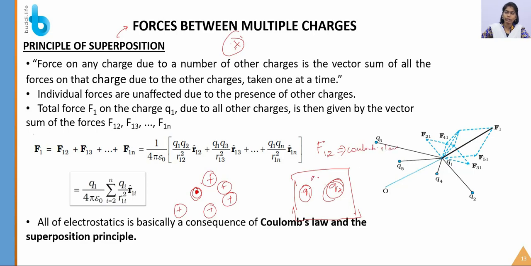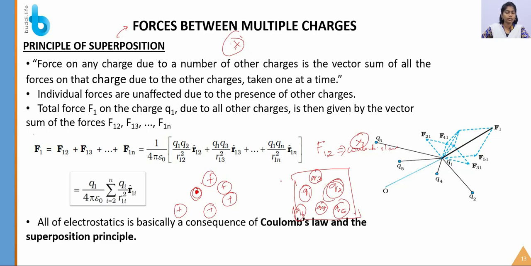What happens when many charges are present in the system, say q1, q2, q3, q4, q5 and q6, n number of charges? At that time you can't go for Coulomb's law alone. So the principle of superposition is introduced.